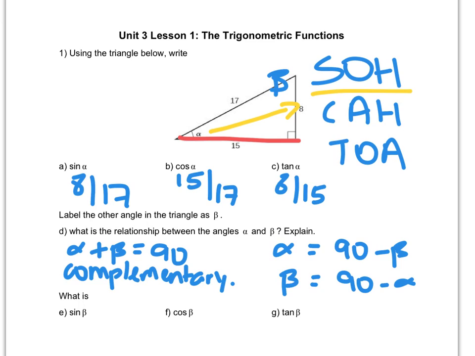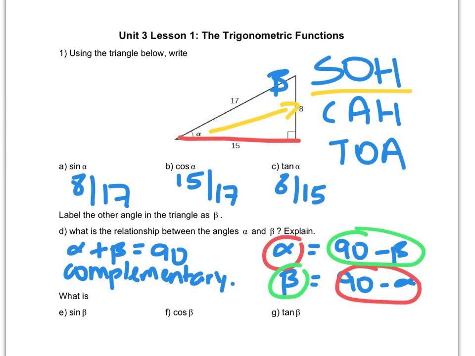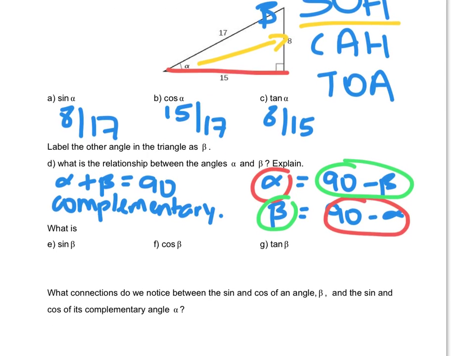So you need to note that. For example, alpha, which is this one, and 90 minus alpha are complementary, because when you add them you get 90. And the same thing goes here for beta and 90 minus beta. They add up to 90, so they're complementary angles. So that's important, so note that down.